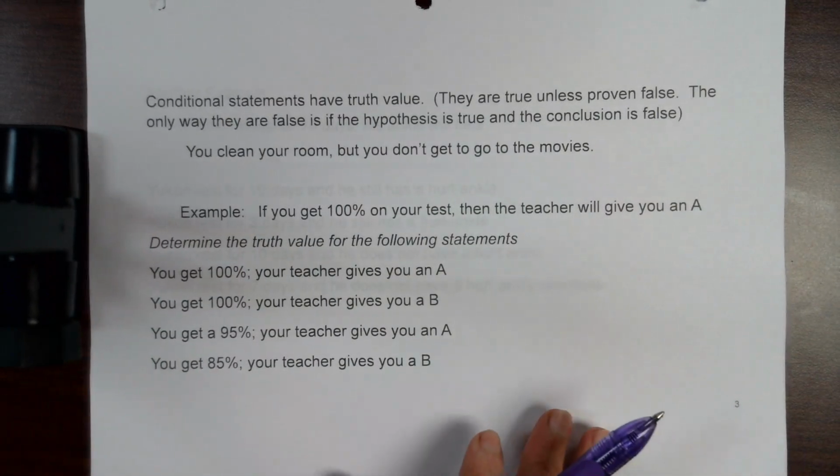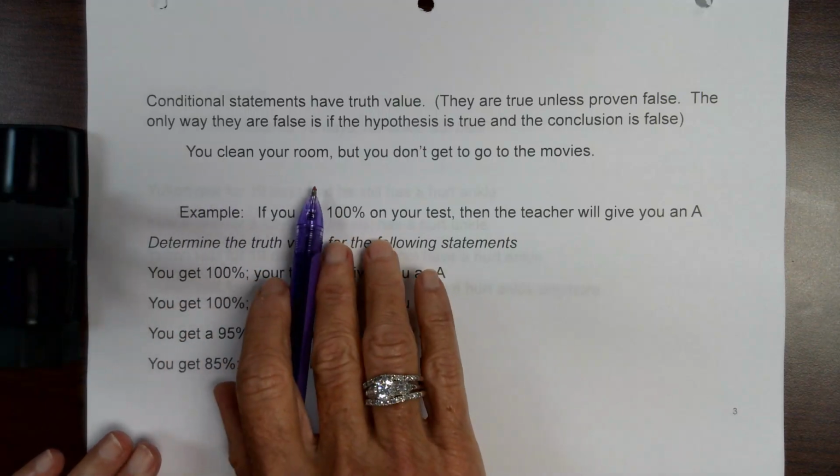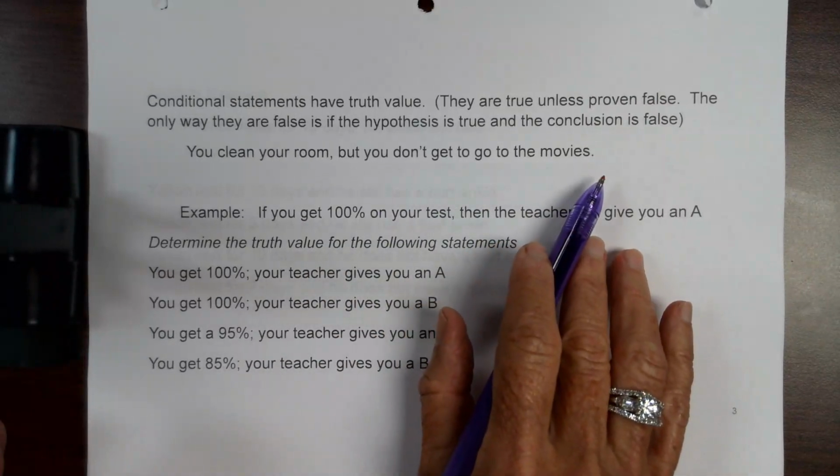Conditional statements have truth value. They are true unless they can be proven false. And the only way that they can be proven false is if the hypothesis is true and the conclusion is false. So in other words, on this statement, you clean your room, but you don't get to go to the movies.